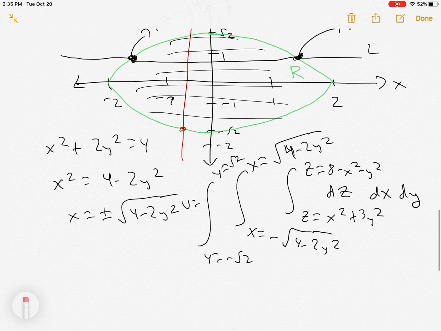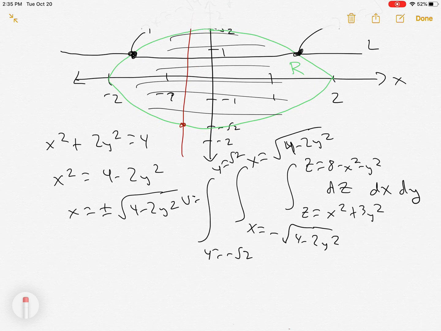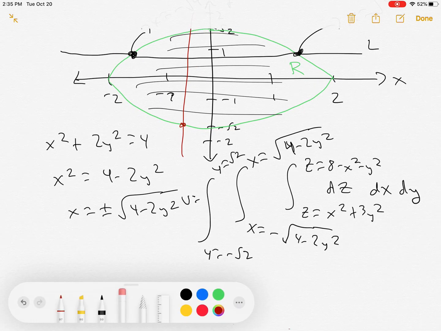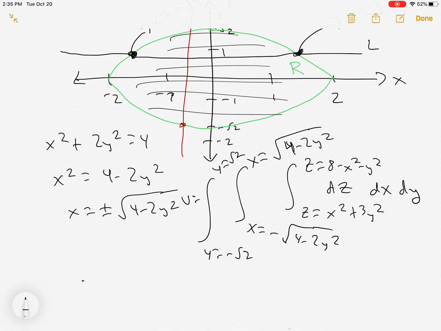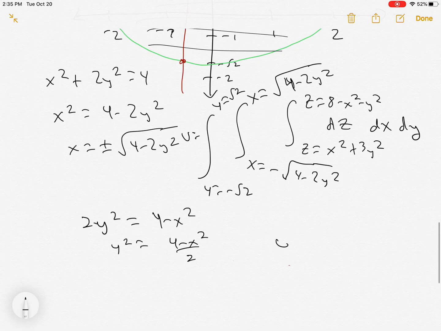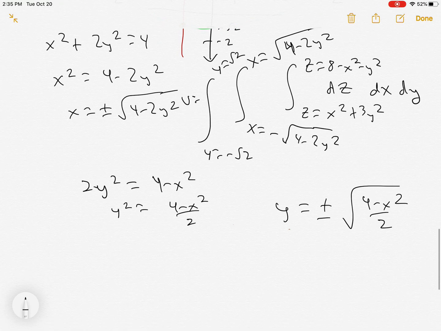We got to do some work first. So we have 2y squared equals 4 minus x squared. Y squared equals 4 minus x squared over 2. So y equals plus or minus the square root of (4 minus x squared) over 2. Yeah, I don't think it's any easier, but let's just finish it out.